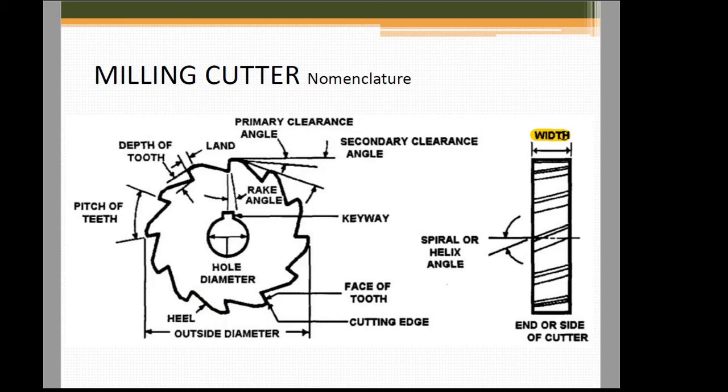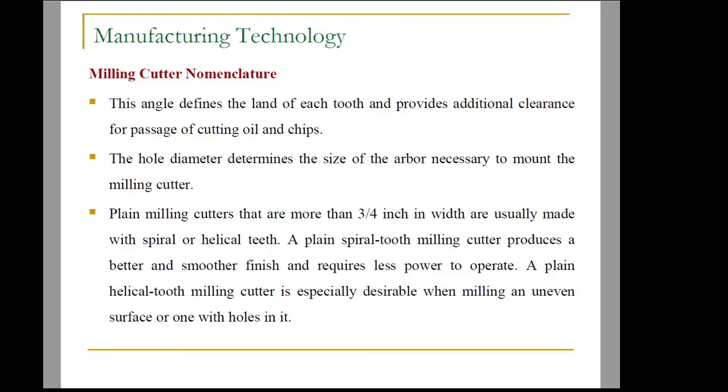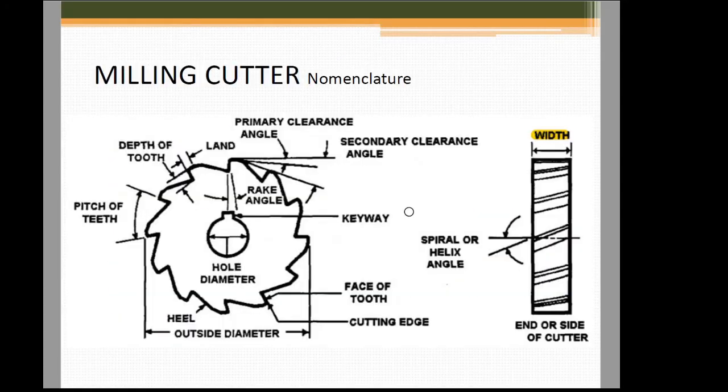The width of a milling cutter is visible in this right hand side view. Milling cutters are provided with spiral tooth and helical tooth. The spiral angle and the helix angle of a mill cutter are also shown in this figure.